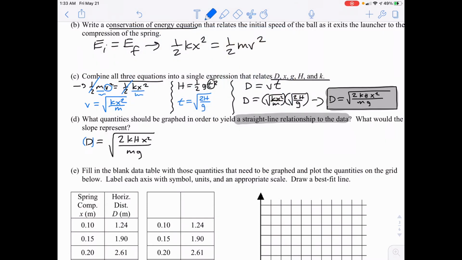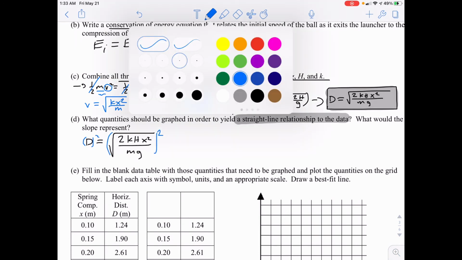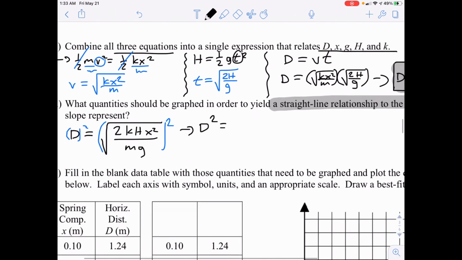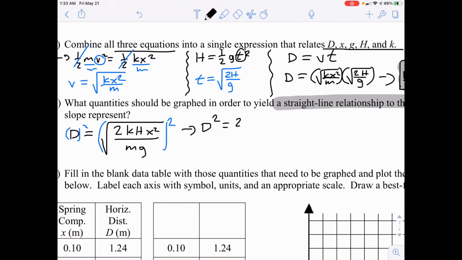And we're going to do that by squaring both sides. Okay, rewrite this, everybody. We have d squared equals, and then, of course, the square and the square root cancel, so 2kh x squared over mg. And again, what did the student measure?